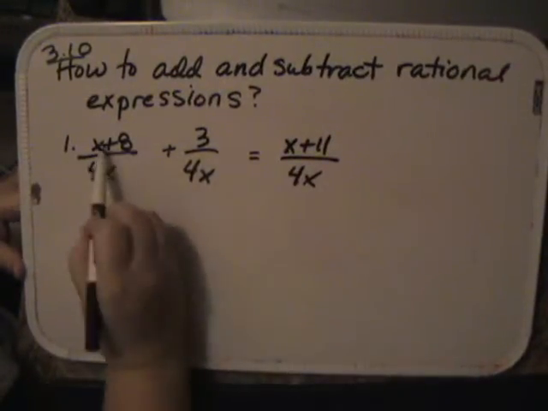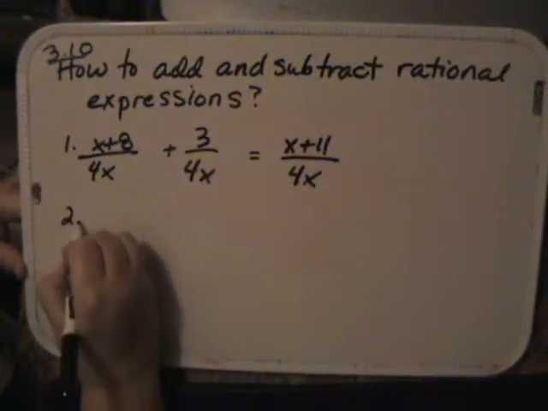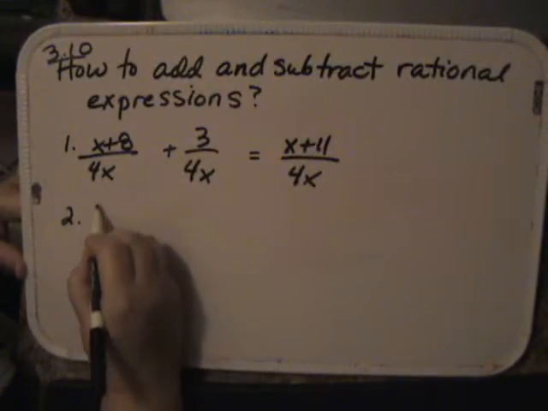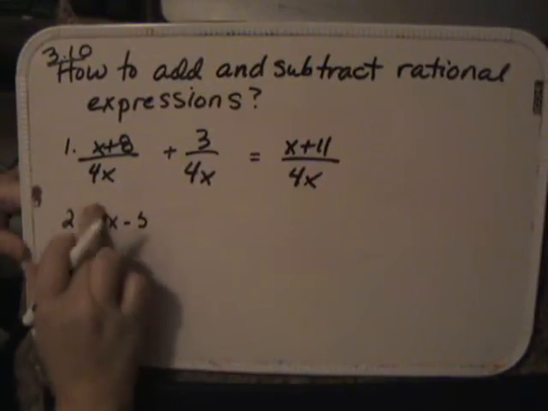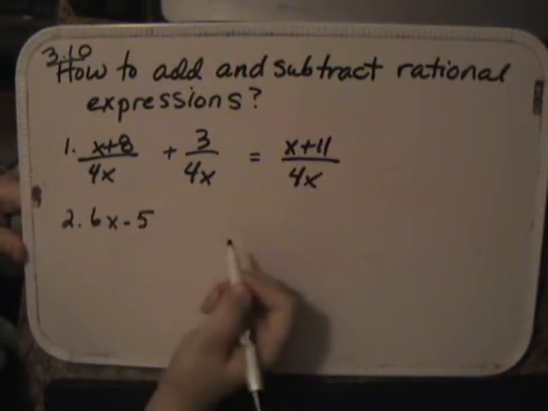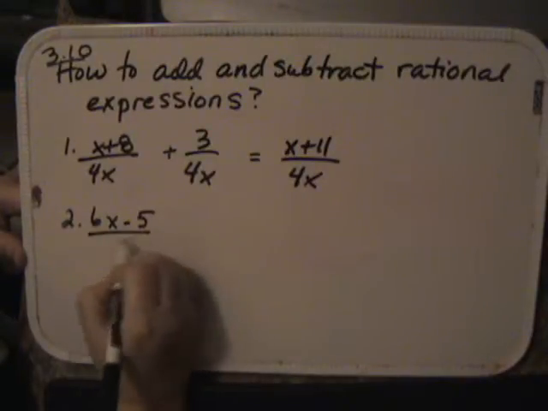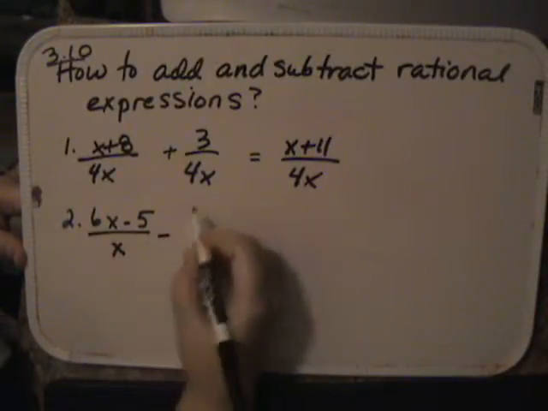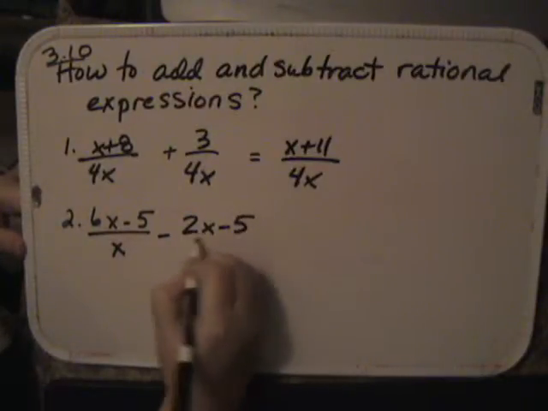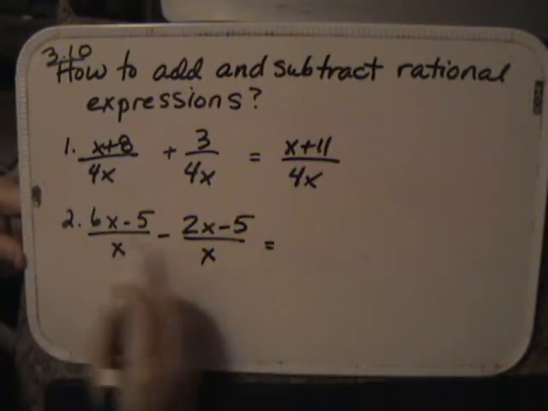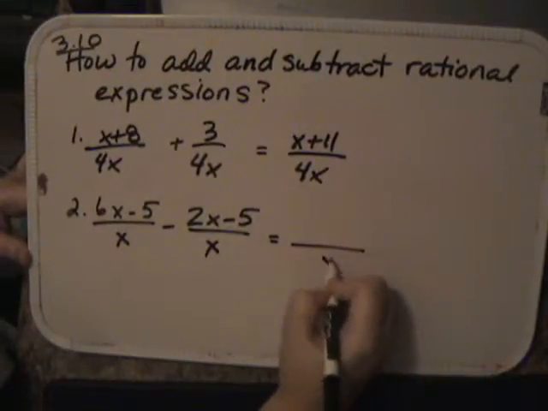And that is your answer. Simply add the numerators. For 2, we have 6x minus 5 over x minus 2x minus 5 over x. So add the numerators. Denominator is going to stay the same.